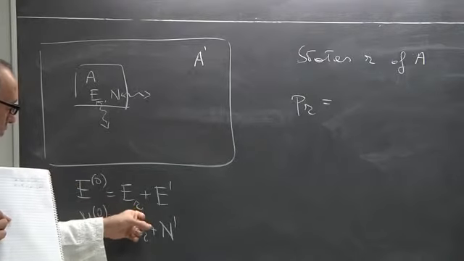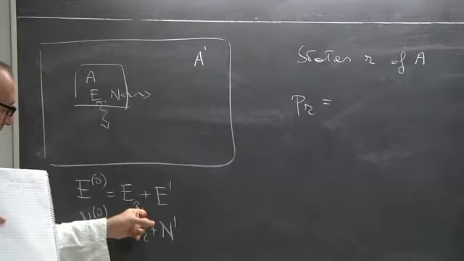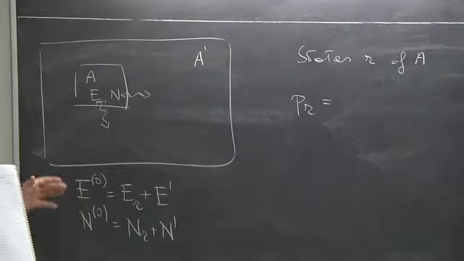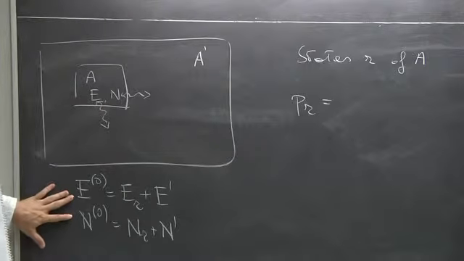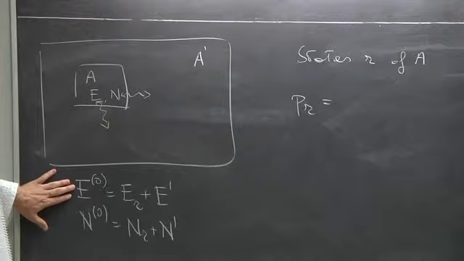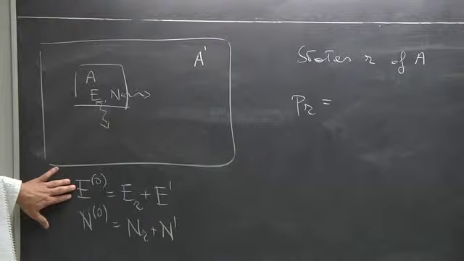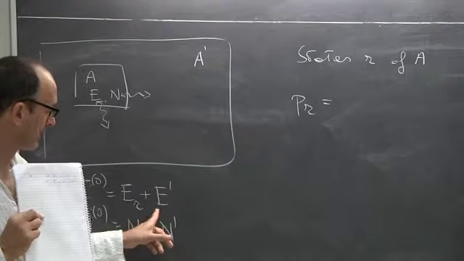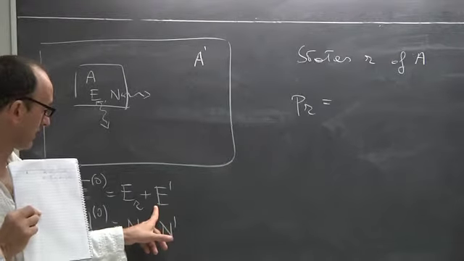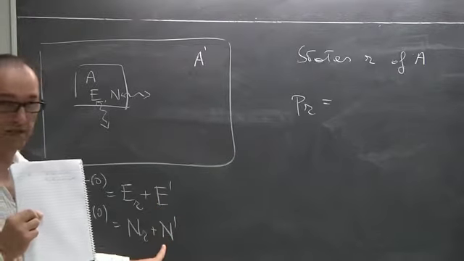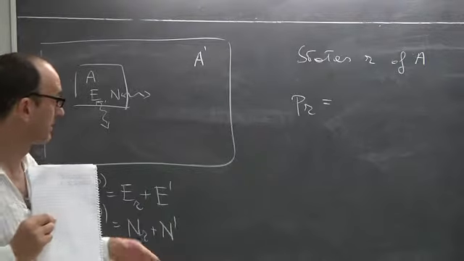Now, if I fix the state of the system A, the probability to find the combined system in this particular macrostate is going to be proportional to the number of ways in which I can find the heat bath in a state with energy E prime and N prime. Okay.